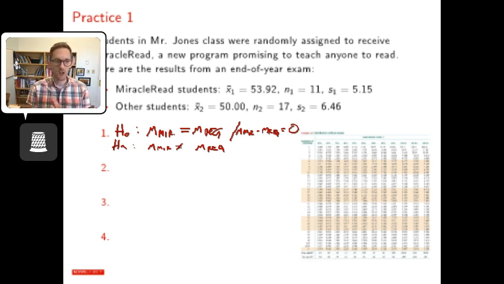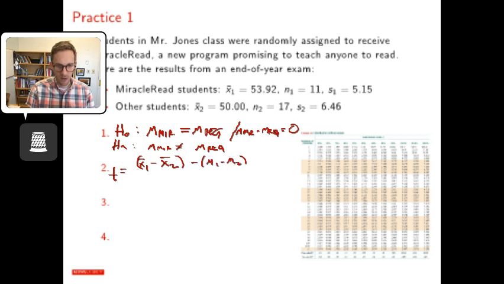I asked you to do it with unequal variances. So the formula we're going to use is T equals X bar 1 minus X bar 2. Remember that we really would have mu sub 1 minus mu sub 2 here, but if we take these in here, we know that's going to be 0.